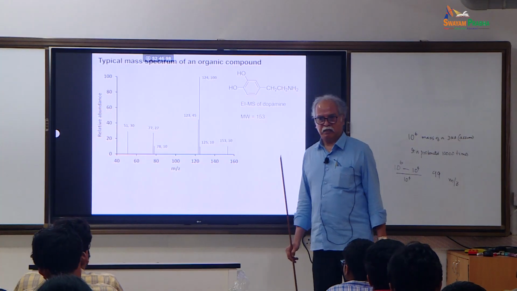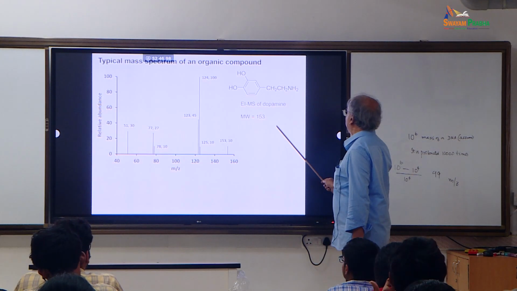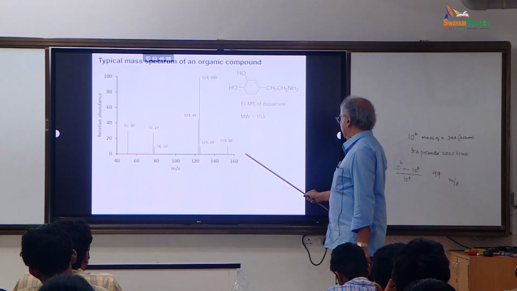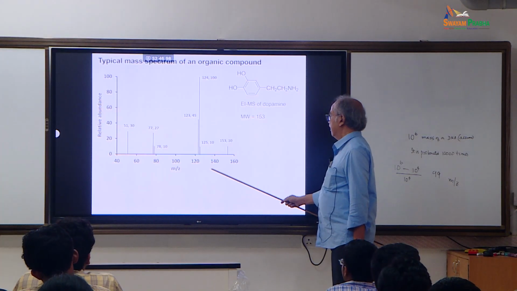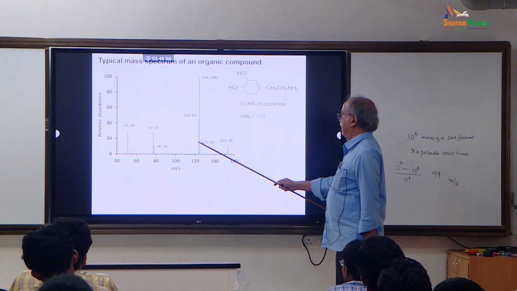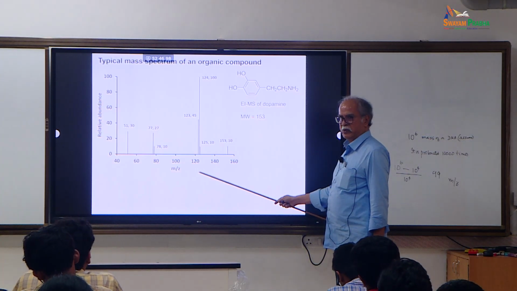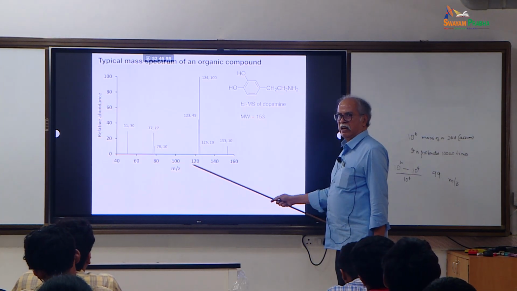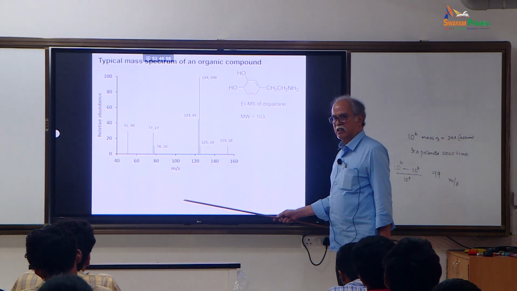And it is a simple mass spectrum of dopamine. The molecular weight is 153. What you see is a small peak at 153 m/z. So you are plotting relative abundance of the ion against the mass to charge ratio. These are all assumed to be monocharged cationic species.